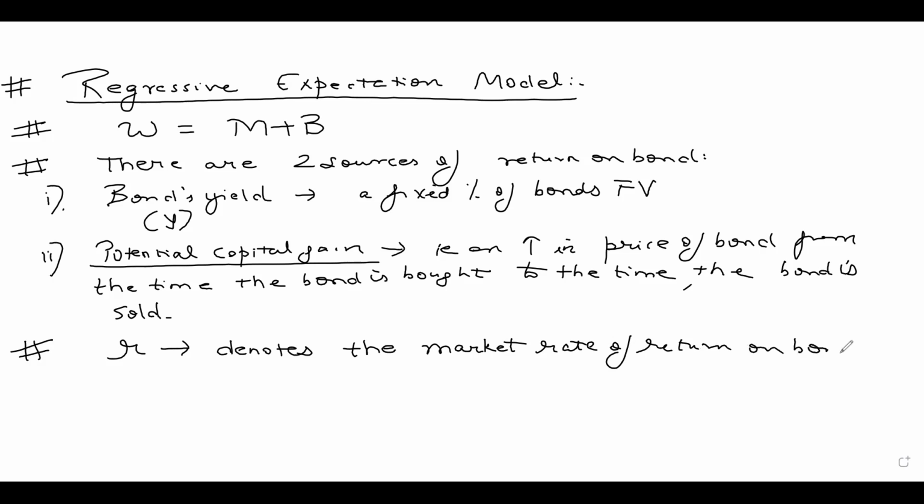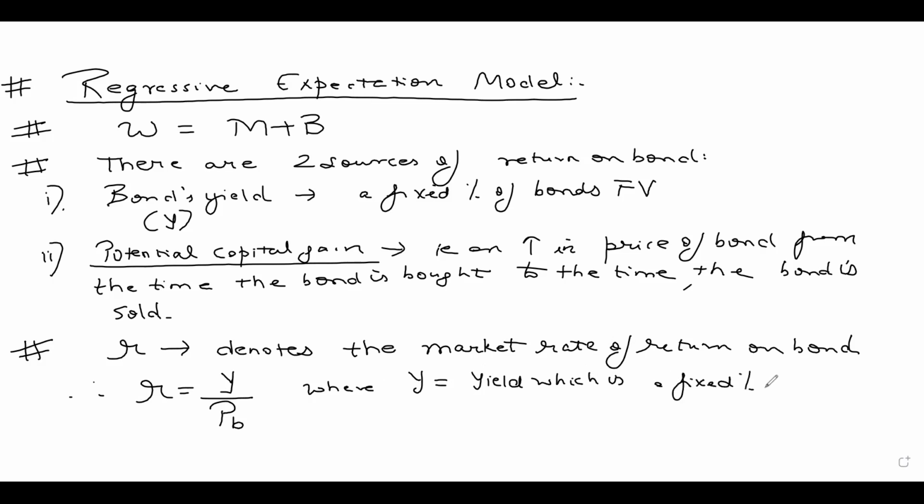And in the previous lecture, we calculated the expression for R. R is nothing but the yield of the bond divided by the price you pay for the bond, where Y denotes the yield, which is a fixed percentage of the face value of the bond. Remember, face value of the bond is that value which the bond promises to pay you at maturity. And PB denotes the price of the bond.